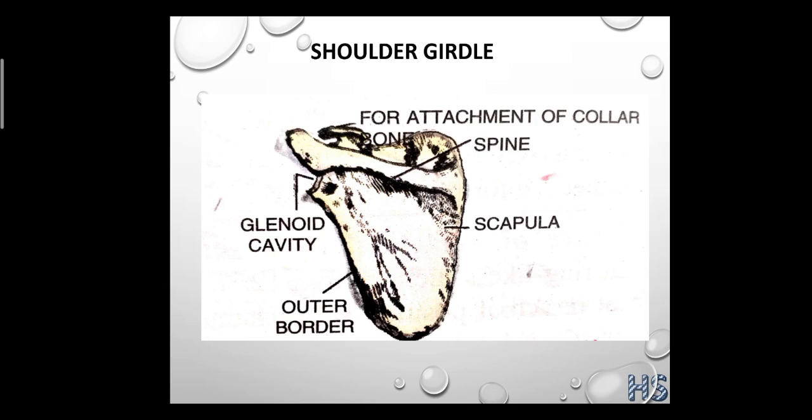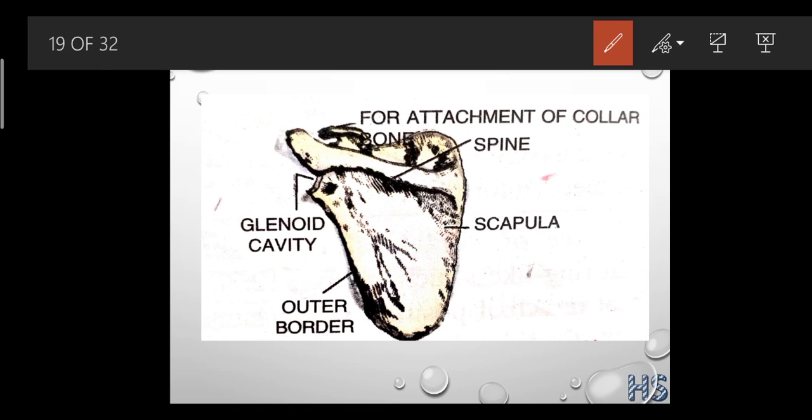First we are studying the shoulder girdle. This is the collarbone, which is the front section of your body.